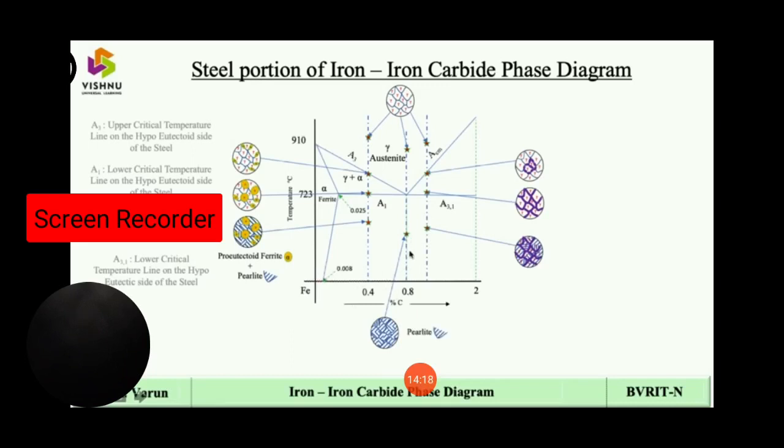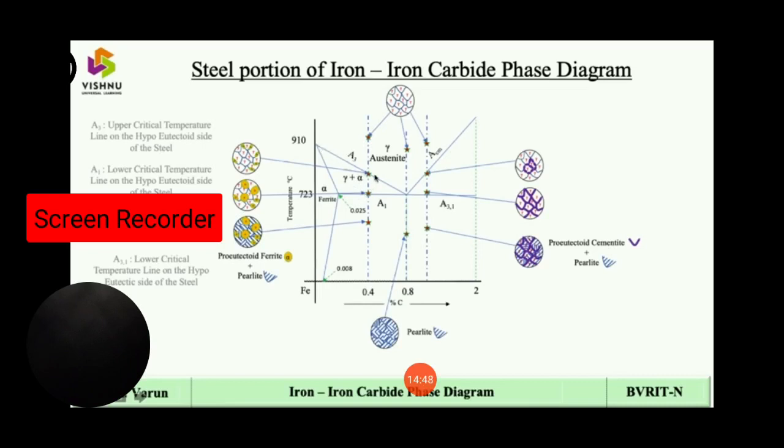Exactly at 0.8 we get only pearlite, and when you have hypereutectoid steel, then we get proeutectoid cementite plus pearlite. The important thing to remember here is that this A3 line represents an allotropic change, and above this there is gamma iron, which is austenite, and below this you have both gamma and ferrite.